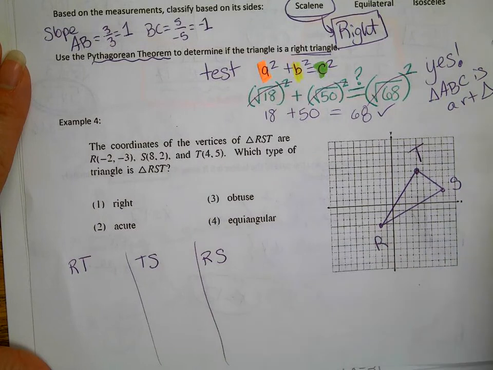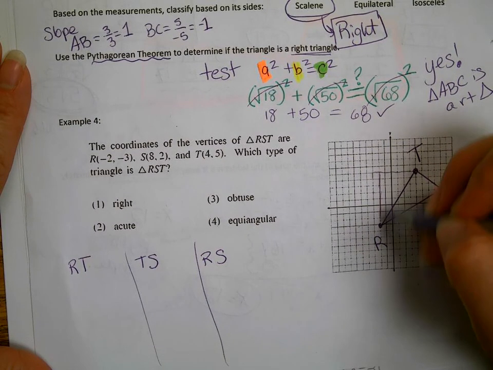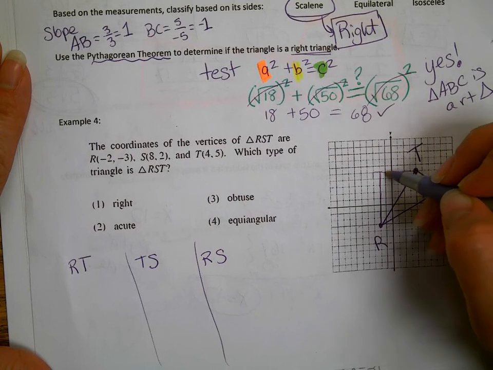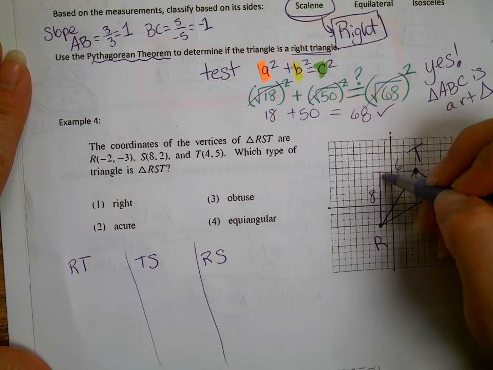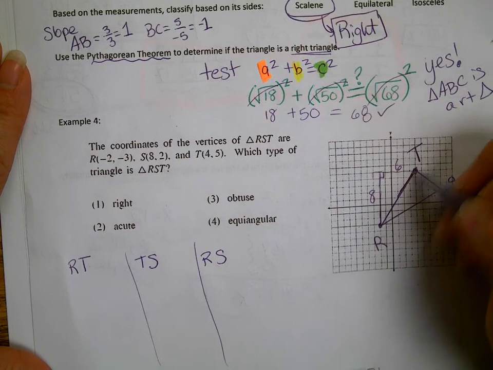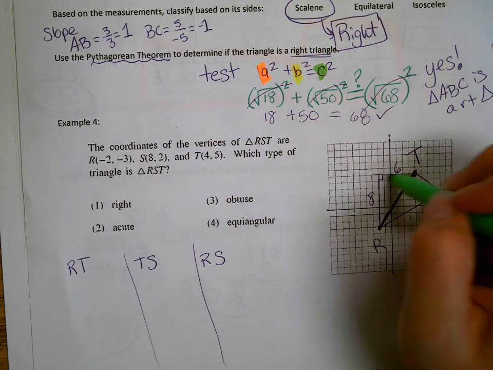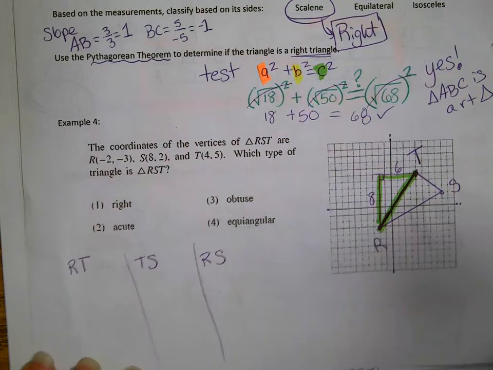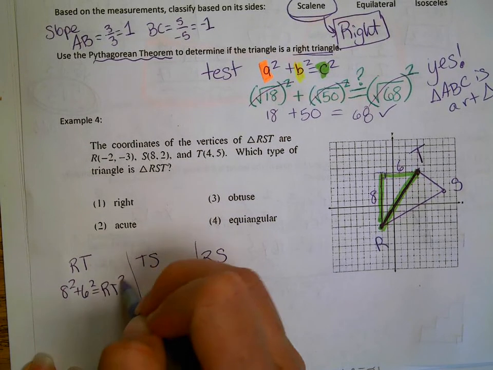Okay. Now I'm going to go quickly here using our slopes and these right triangles I like to count in. So 1, 2, 3, 4, 5, 6 over, 1, 2, 3, 4, 5, 6, 7, 8 down. Well, that's 8 and that's 6 to find that hypotenuse there. So again, I like to find these little right triangles, over, down, diagonal. 8 squared plus 6 squared equals R to T squared.